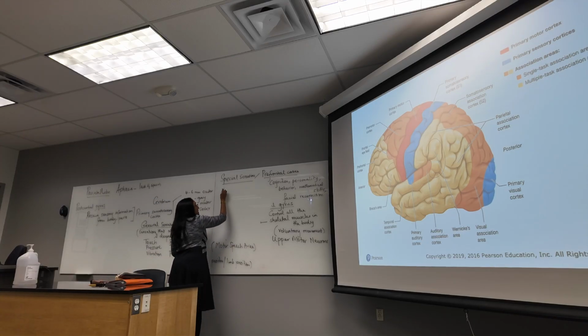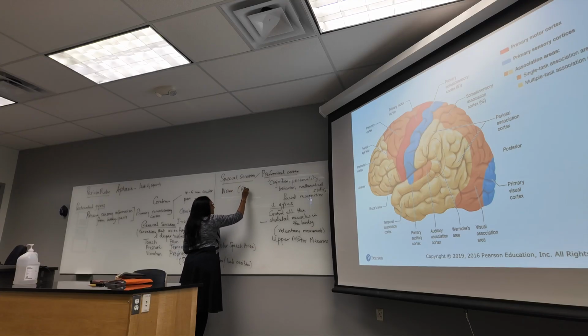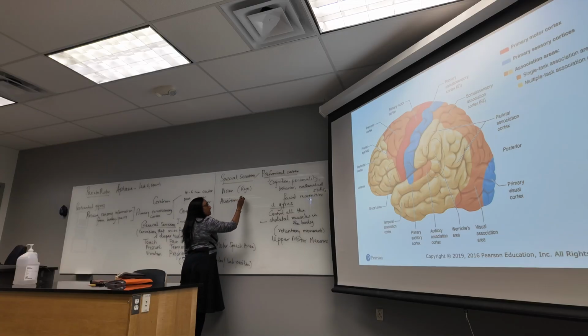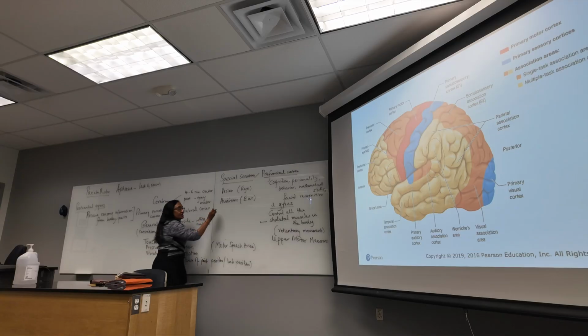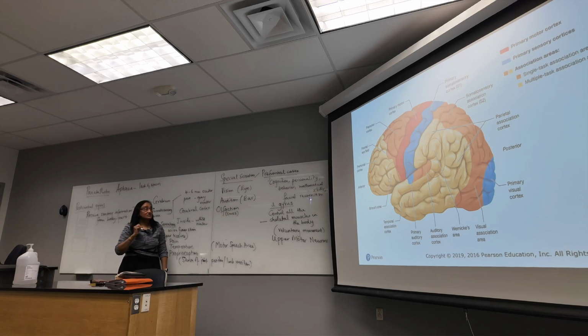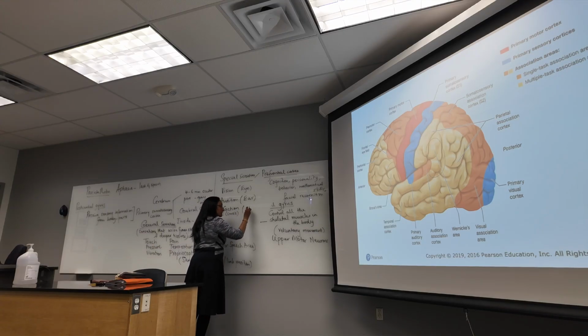So, vision is a special sense. The specific organ is the eye. Hearing, audition, is a special sensation. The organ is the ear. Olfaction is smell. Sense of smell is a special sense for which you have special receptors in the nose.